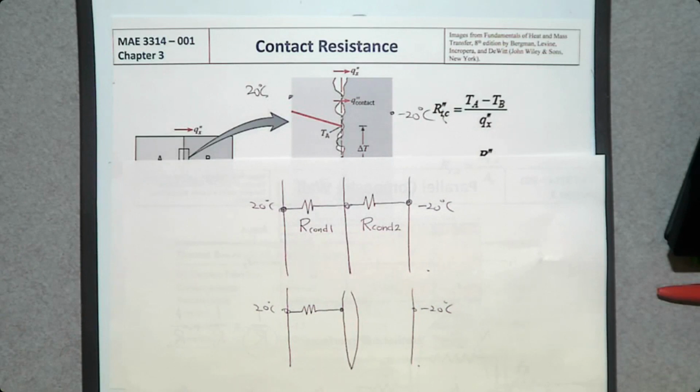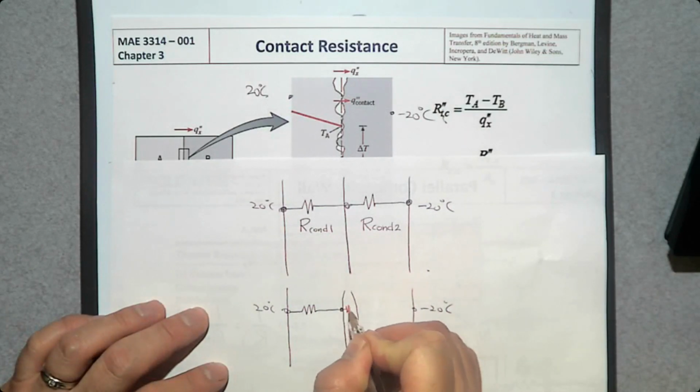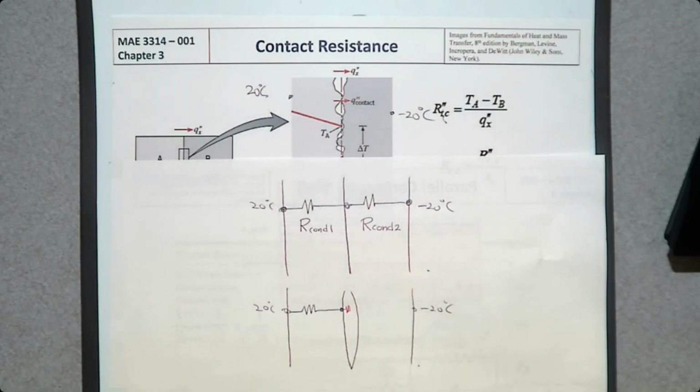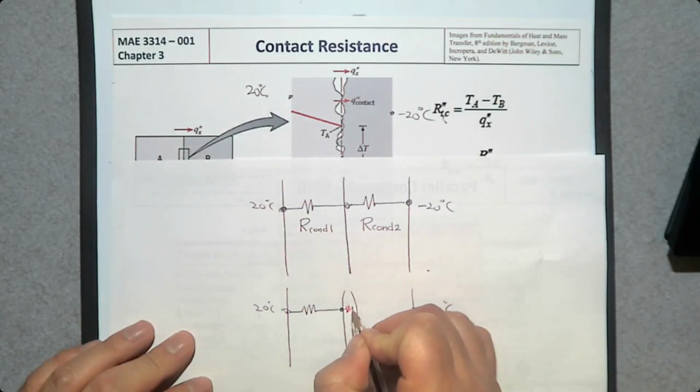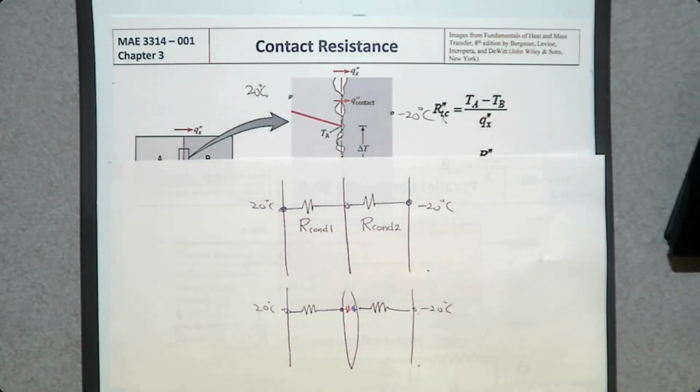Convection resistance. Then from the gap to this surface, there's another convection resistance. Then conduction resistance. By having this imperfect contact, how many resistances now? There are 4 of them.